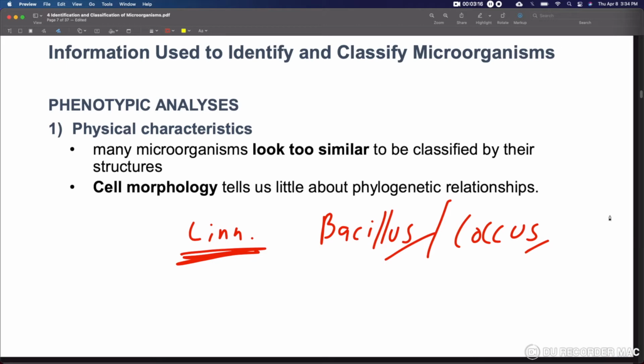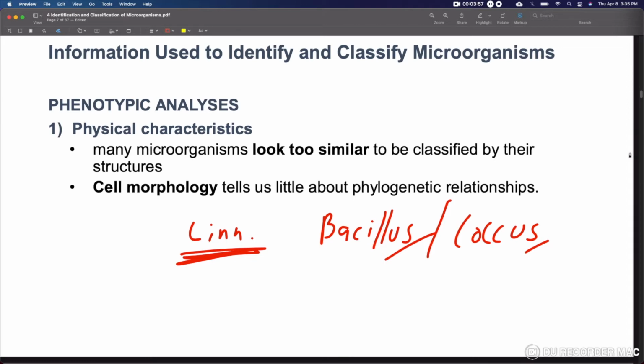So that's why I actually lectured ahead on the physical requirement for growth, so that you know the physical characteristics of your organism and their physical requirements, and that's among the physical characters that we're looking at. If they are halotolerant, if they are aerobes, facultative anaerobes, things like that. Those are the physical characteristics that we are referring to when we use phenotypic analysis.